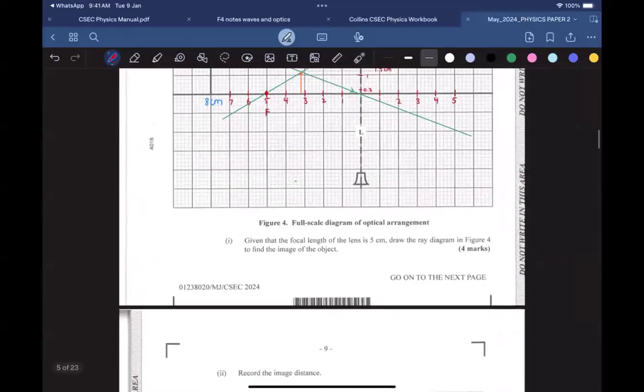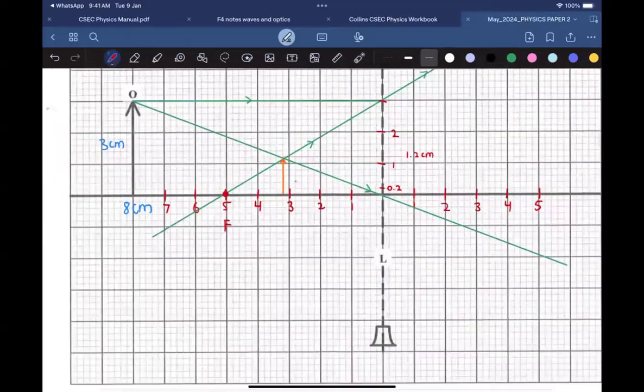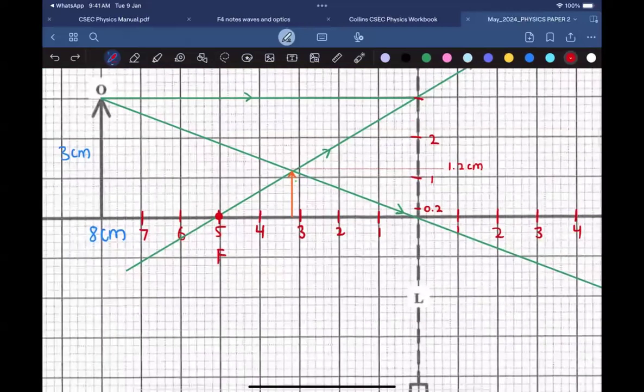Nice. So the image distance, they want me to find the image distance, right? How far is my image from the optical center? 1.2 centimeters. Now, 1.2 is the image height. That's the image height.